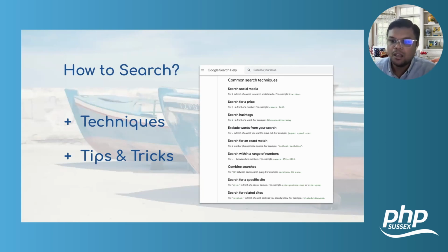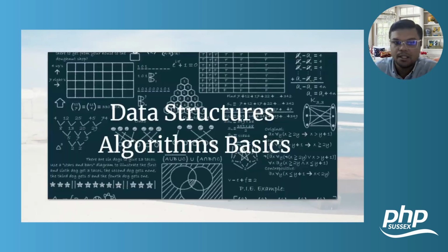Using this, we will get the exact expected result from Google. When you have time, spend some time on the Google search help documentation. Then you can see the productivity in your search.